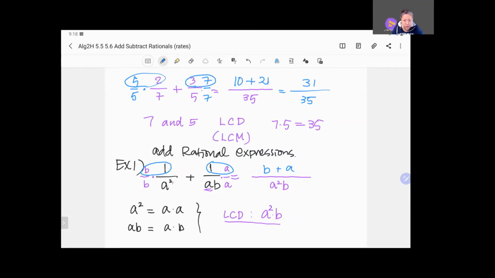So first you have to come up with your LCD, and then you observe each different denominator separately, and you just recognize the necessary factor that you have to use for each one, then it's going to give you the next step, okay? Are we all good so far?